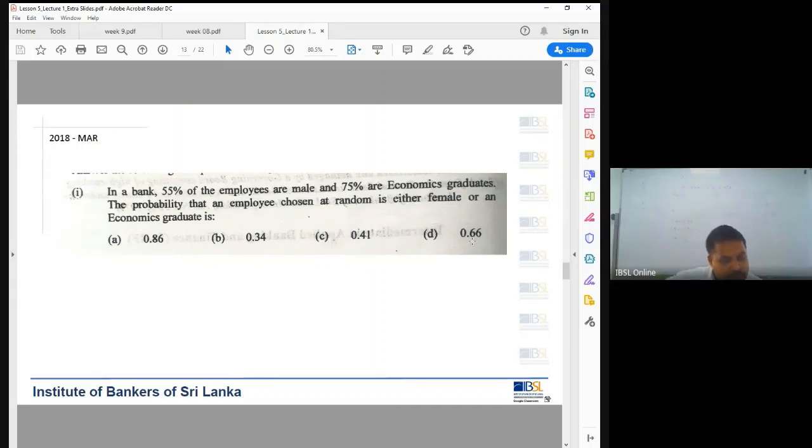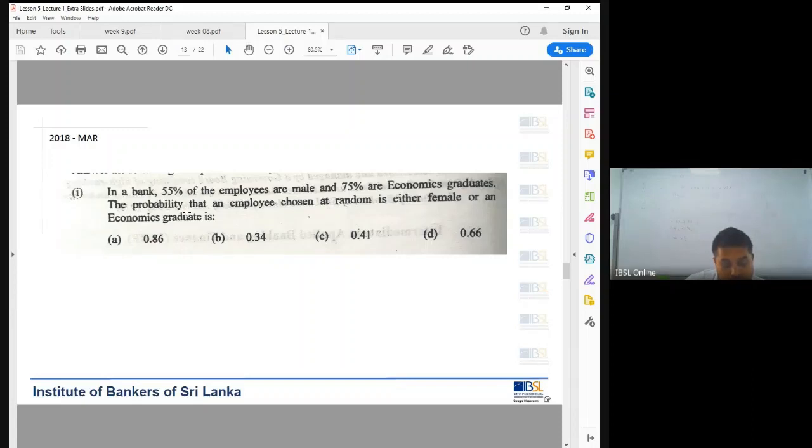In a bank, 55% of the employees are male and 75% are economic graduates. The probability that an employee chosen at random is either female or an economic graduate is... You get the question? 55% of the employees are male, 75% are economic graduates.